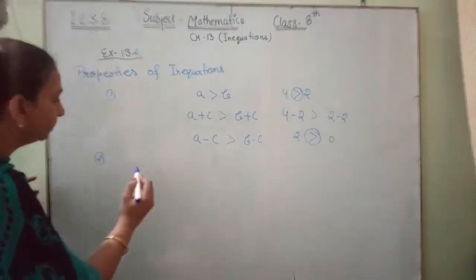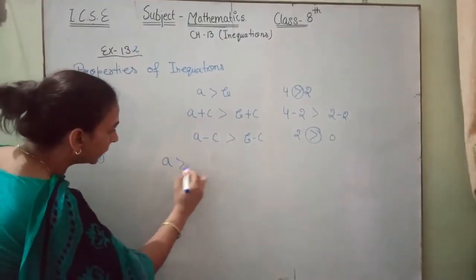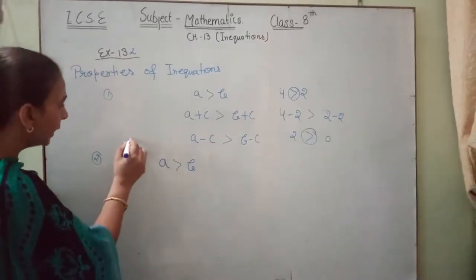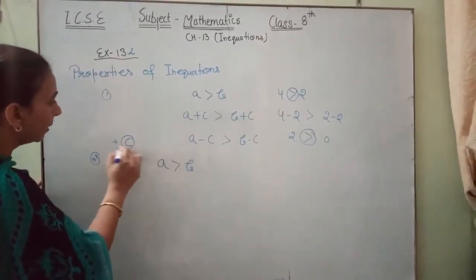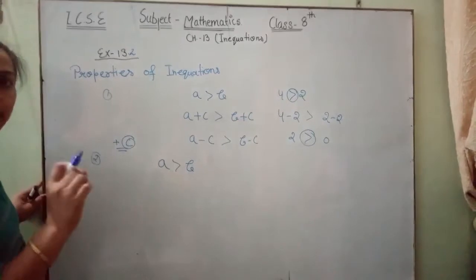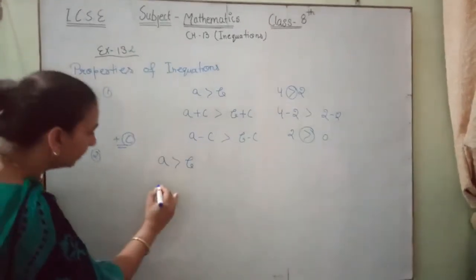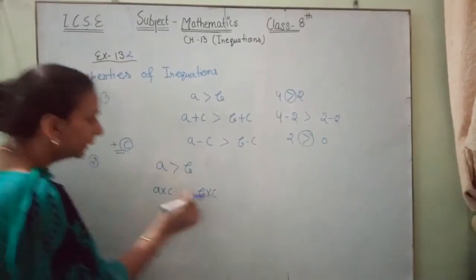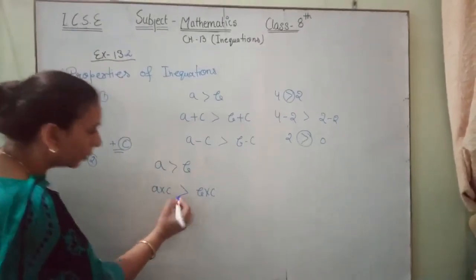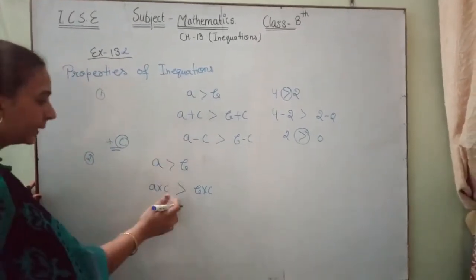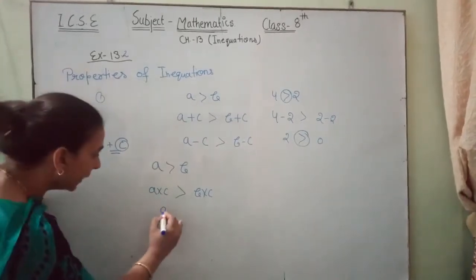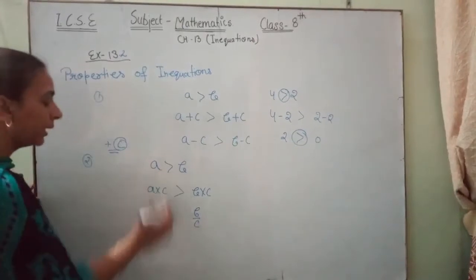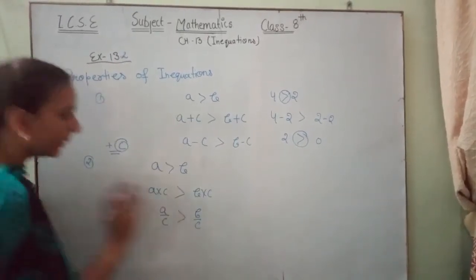For example, if we have a greater than b and a positive number c, if we multiply both sides, a multiply c and b multiply c, then the sign of inequality does not change. Same as it is. Same, if we divide a by c and b by c, the sign of inequality does not change.